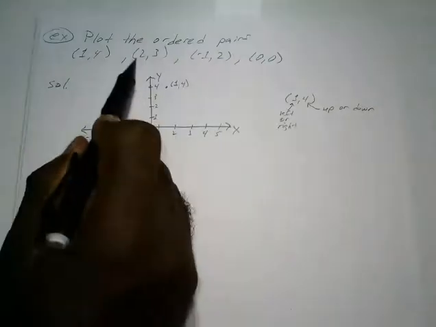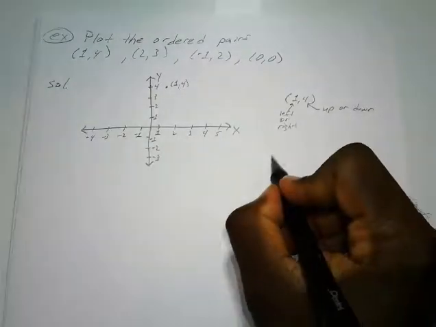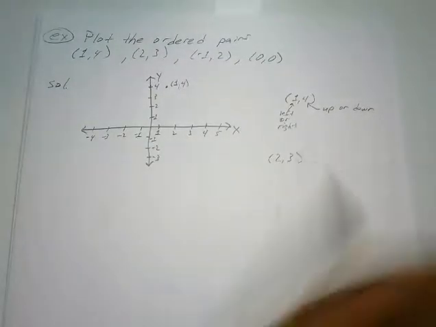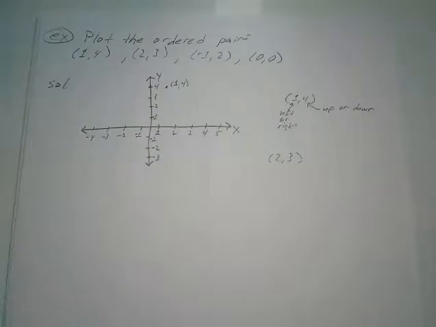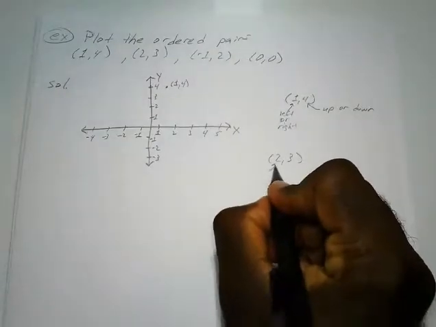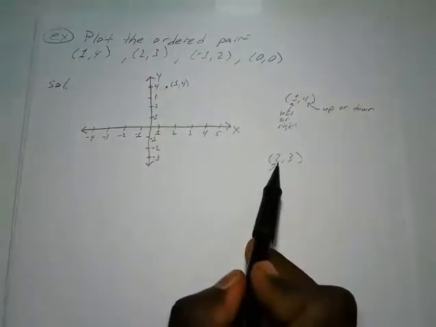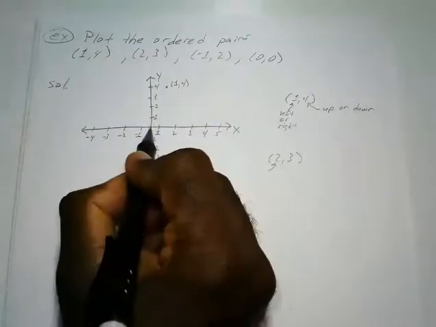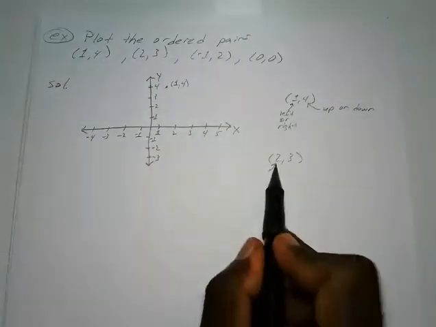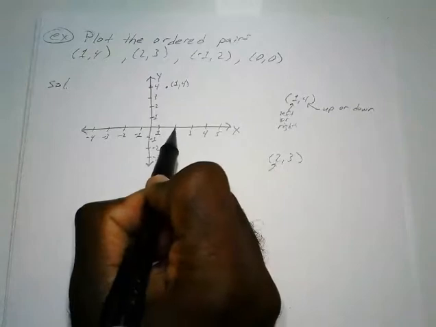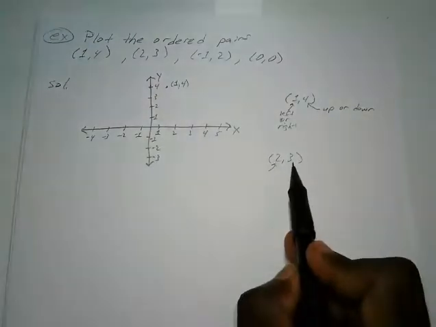Let's try the point 2, 3. Okay, this one will tell us to go, not up 2, to the right 2 since it's positive. So we go to the right 2 spaces. And this one will tell us to go up 3 spaces.